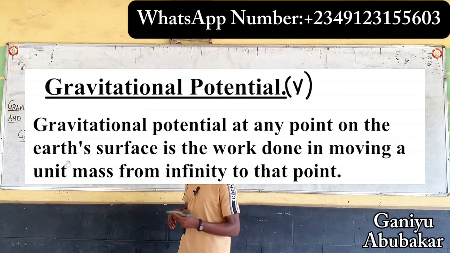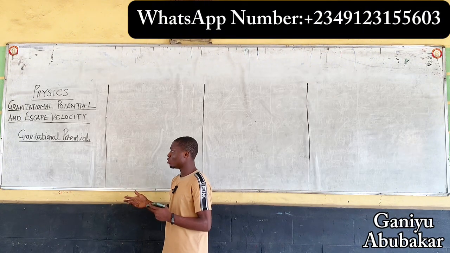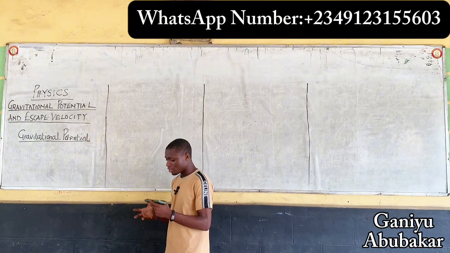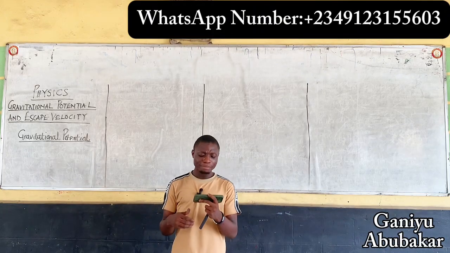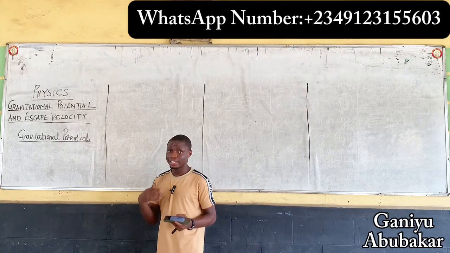So gravitational potential is simply the work done that is required to move a unit mass from infinity to that point.